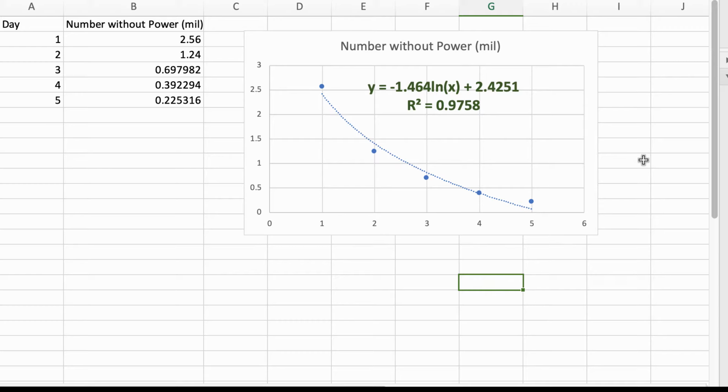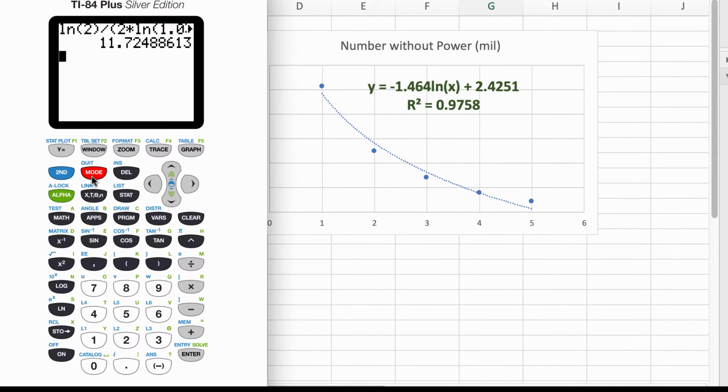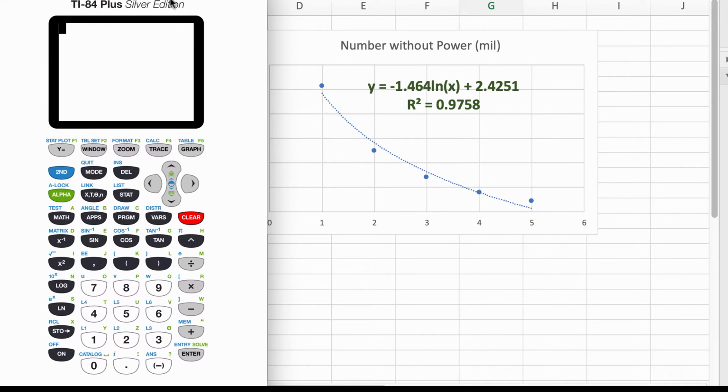Now the next question asks us to use the model to estimate the number of customers without power on day 2 and then at day 4, and how do these values compare with the data? So using my calculator, since that's more convenient for me, I have negative 1.464 times the natural log of 2 plus 2.4251.